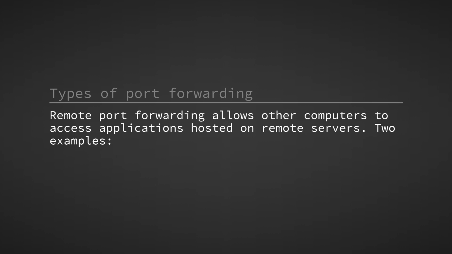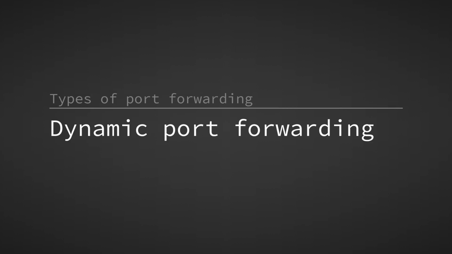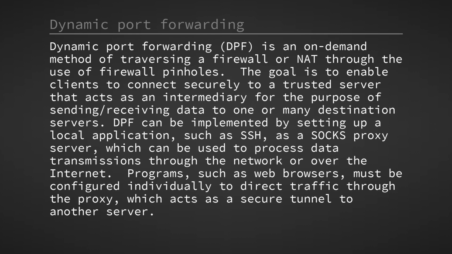2 examples. Dynamic port forwarding. Dynamic port forwarding, DPF, is an on-demand method of traversing a firewall or NAT through the use of firewall pinholes. The goal is to enable clients to connect securely to a trusted server that acts as an intermediary for the purpose of sending and receiving data to one or many destination servers.